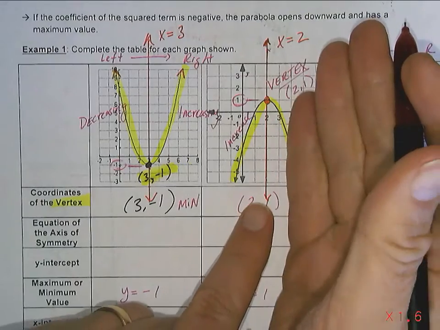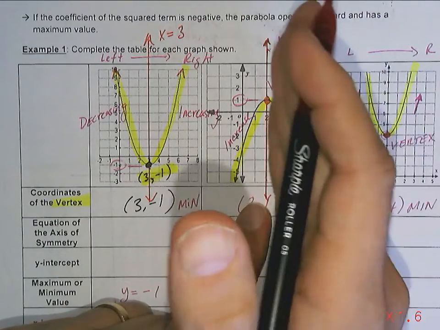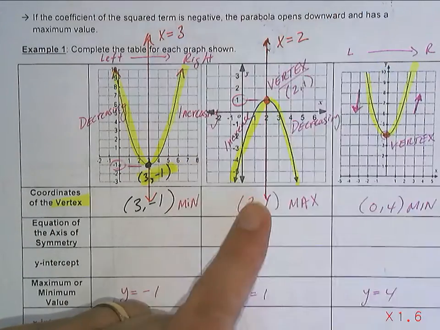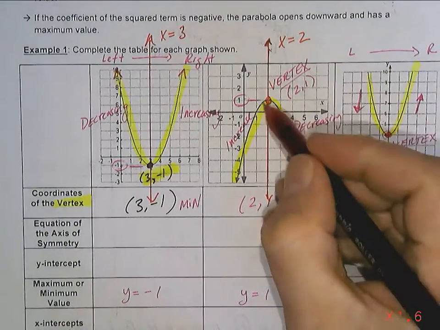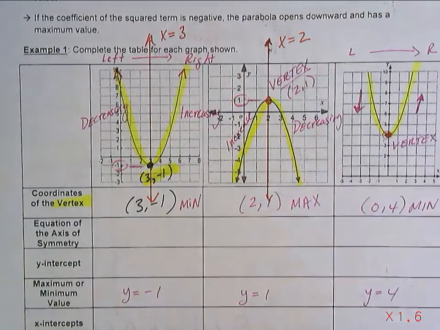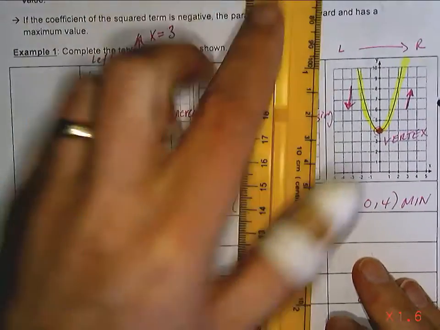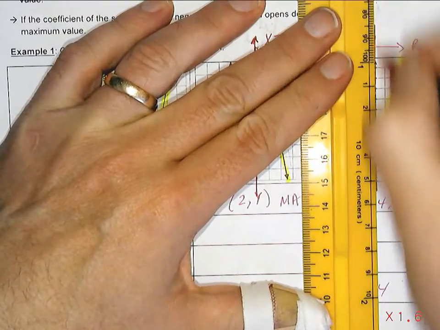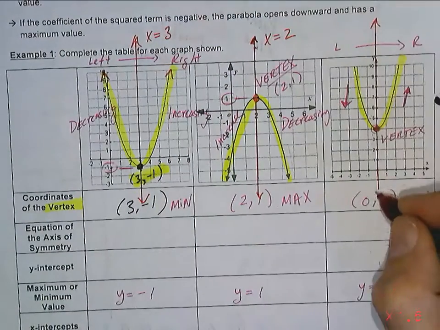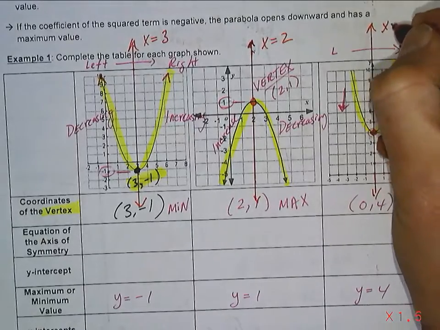If this was a mirror, and if I was to reflect it, you'd see it would line up perfectly, wouldn't you? That's why it's called an axis of symmetry. What's on this side is symmetrical to what's on this side. And this one, where's the axis of symmetry? Well, it's right down here, and its equation is x equals 0.